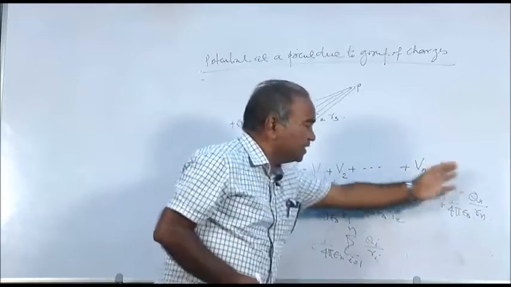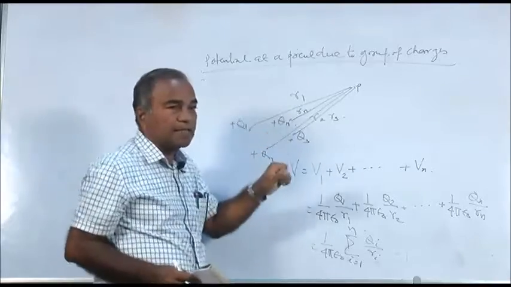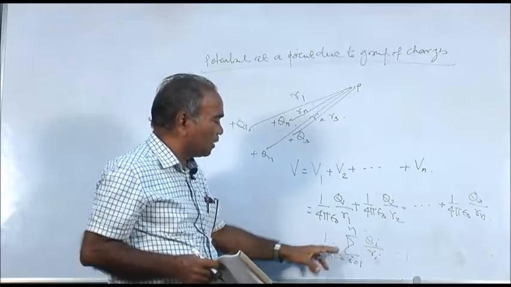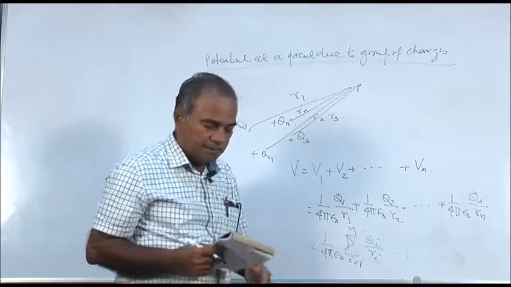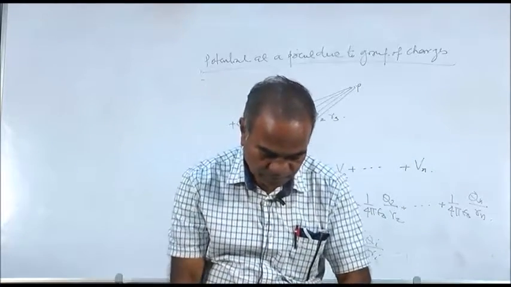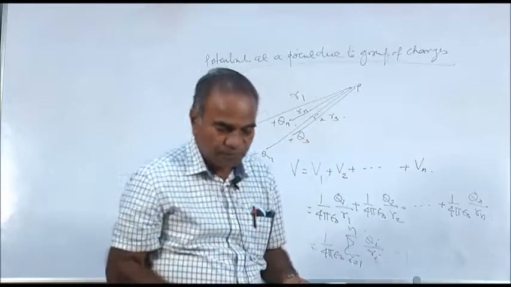Instead of writing this at length, we can write in short that the potential at a point due to a number of charges placed at different points in an electric field is equal to 1 by 4 pi epsilon 0 sum over i equal to 1 to n of Qi by ri. So, let us work out some problems.